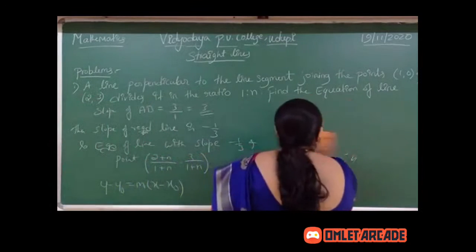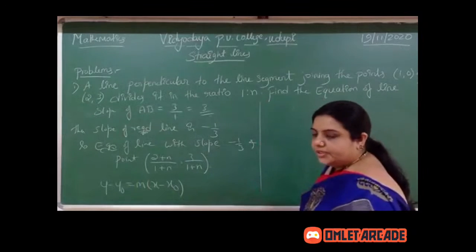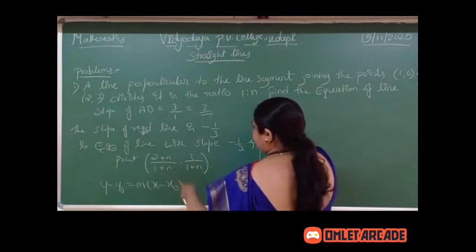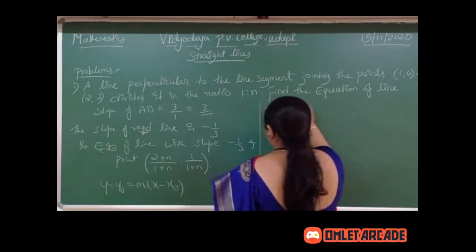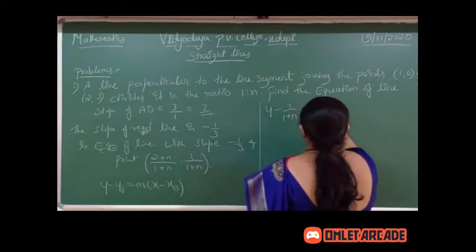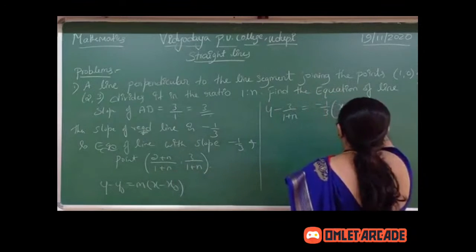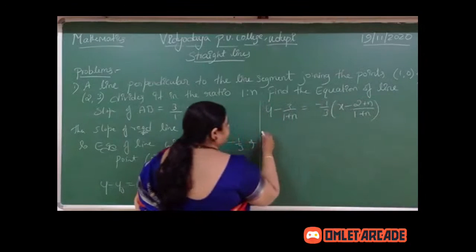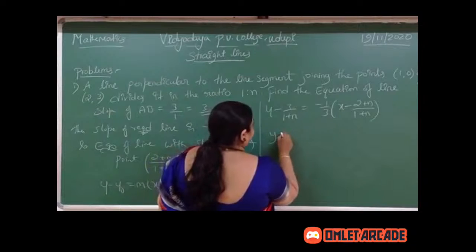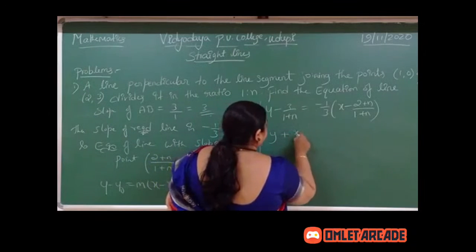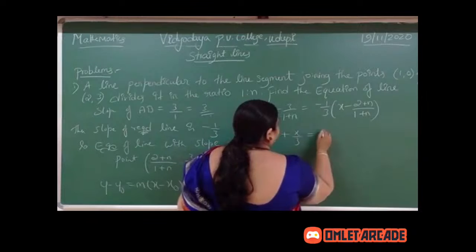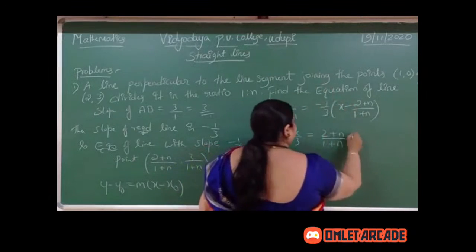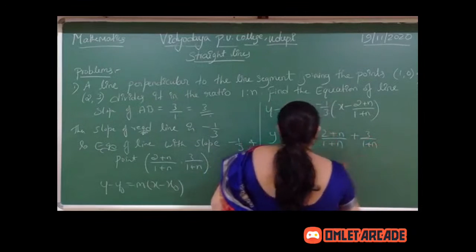So we have both slope and point. Let me continue here. I have taken the point, slope. See, I have taken the formula. y minus y naught, that is y minus 3 by (1 plus n), is equal to m, which is minus 1 by 3, into x minus (2 plus n) divided by (1 plus n). So it is y plus x by 3 is equal to, minus into minus is plus, (2 plus n) divided by (1 plus n), and let me shift plus 3 by (1 plus n).